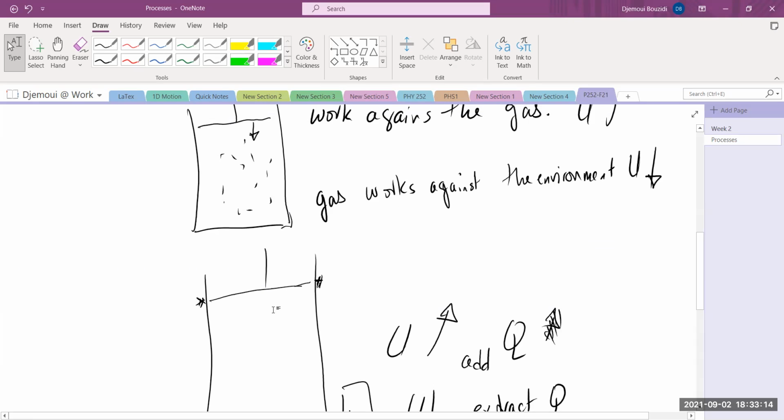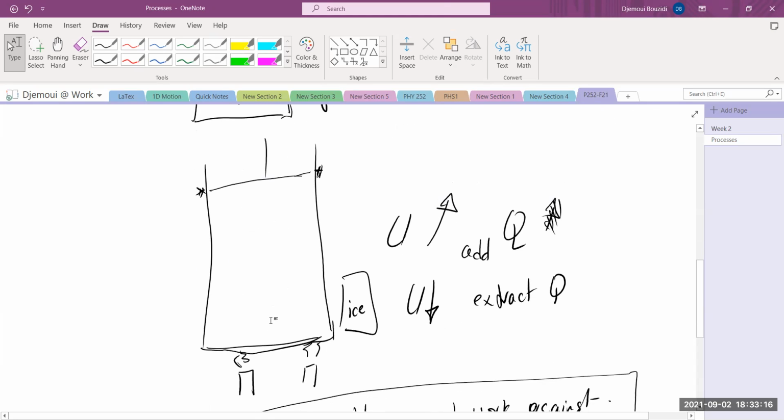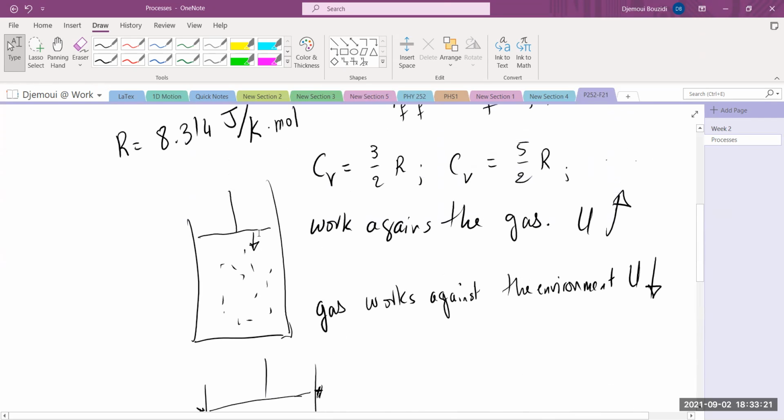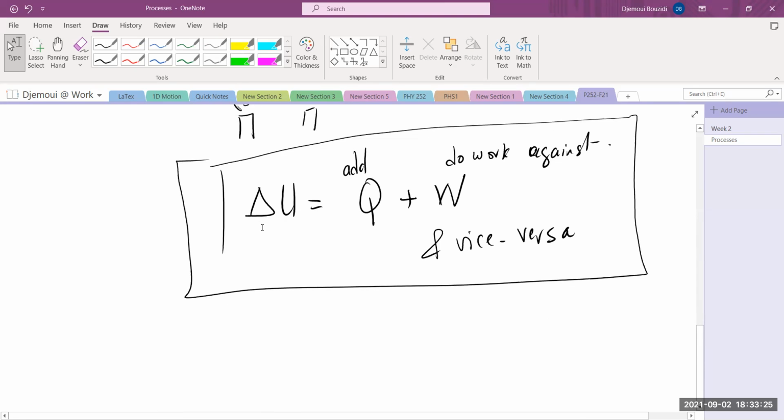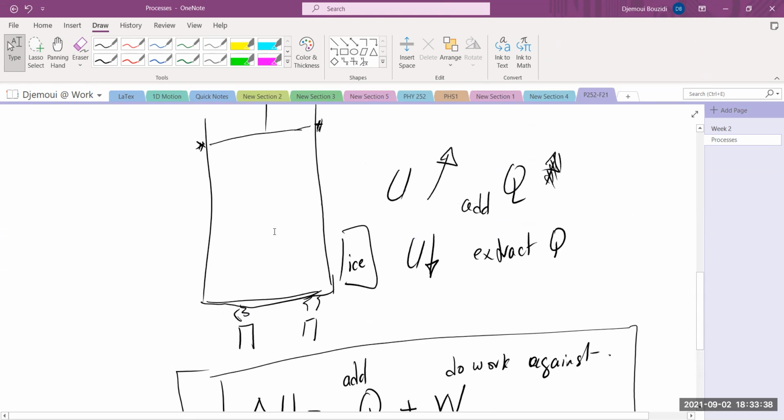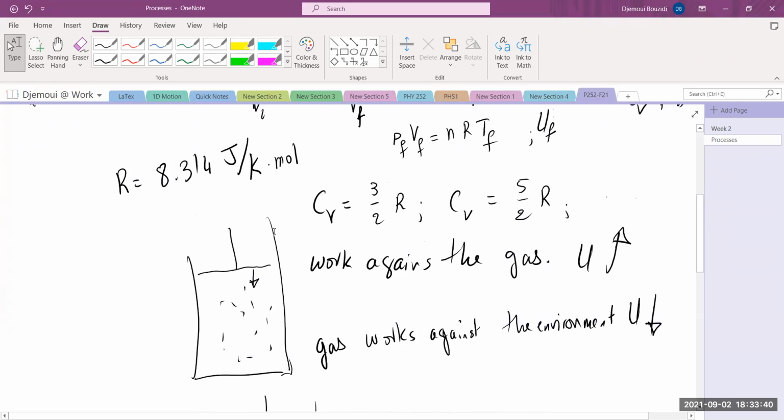If I added 5 joules of heat, and the gas expands just enough so that it loses 5 joules, then in the end, delta U is 0. You guys see that? If this is positive 5 and this is negative 5, the energy is not changing. Okay? So that is how the first law is stated.